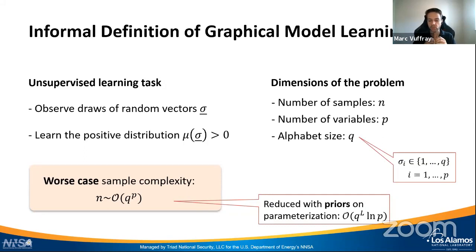By introducing priors in the parameterization or the class of model that we consider, we reduce this complexity to something that is tractable, logarithmic in the size of p in this case. And learning graphical models, or at least this is the way I view it, is a way to introduce some priors in the distribution or class of distributions you want to learn to make the problem tractable.